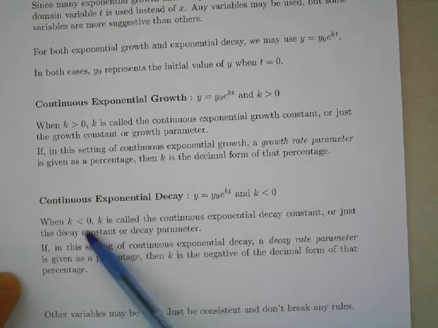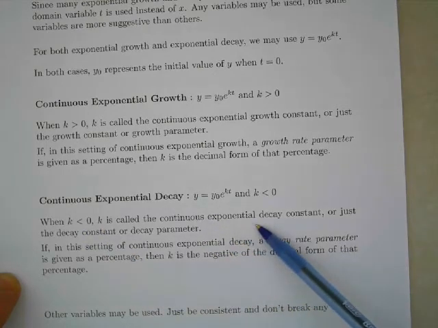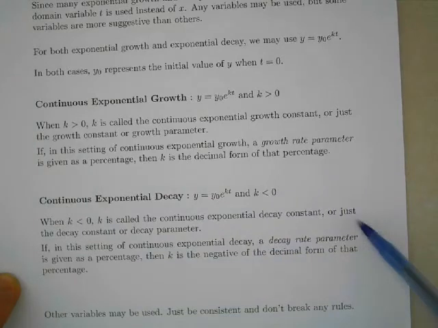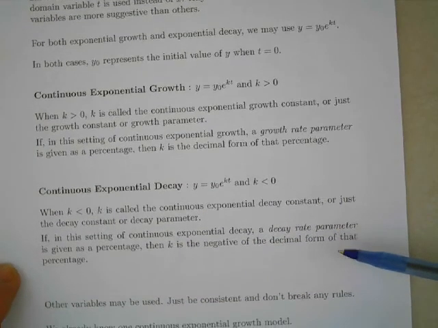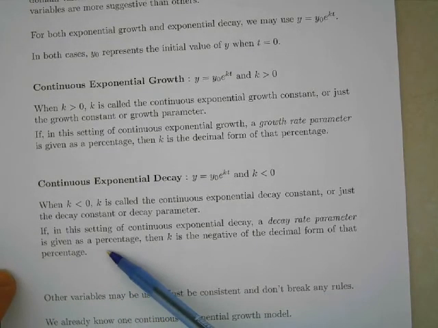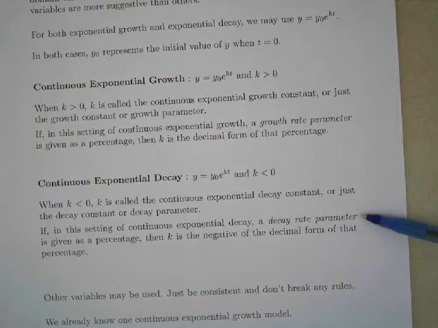So when k is less than 0, k is called the continuous exponential decay constant, or just the decay constant, or decay parameter. And if in this setting of continuous exponential decay, a decay rate parameter is given as a percentage, then k is the negative of the decimal form of that percentage.